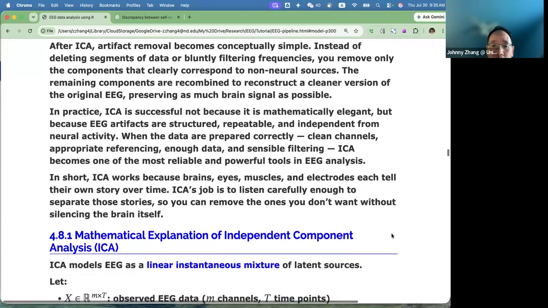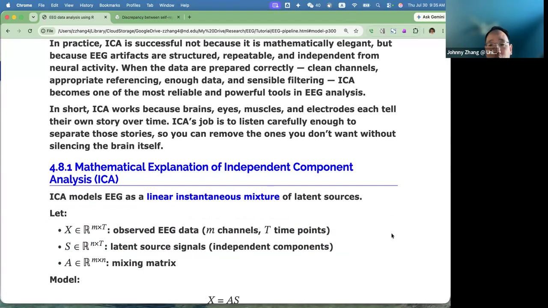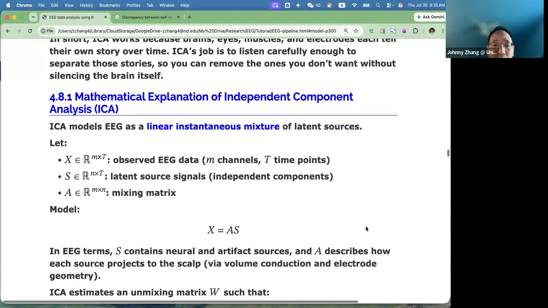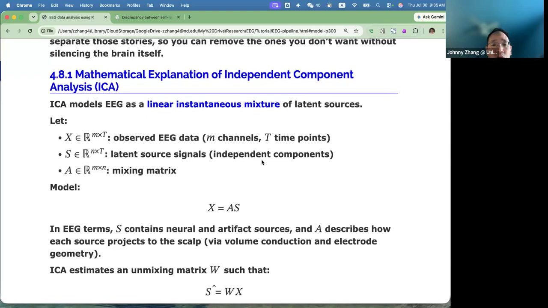Let me give you a very specific example to explain how the ICA works. Statistically, this is the ICA model. In ICA we have observed EEG data, observed EEG signals. We call it X, right?